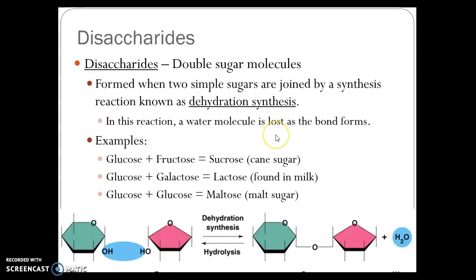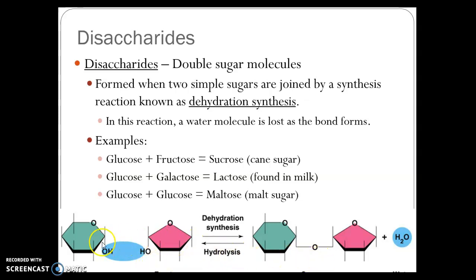So disaccharides, you put a couple of those monosaccharides together, you end up with a double sugar molecule, which is called a disaccharide. And that happens through a reaction known as dehydration synthesis, which means you have to take a water away to allow that bond to occur. So glucose has an OH hanging off of it, and so does fructose.